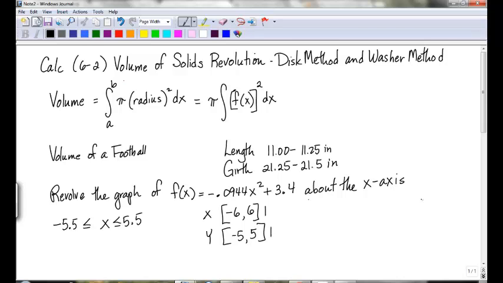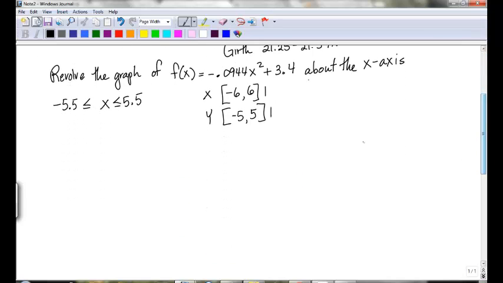Clear out any equations and put in negative 0.0944 x squared plus 3.4. Change your window: X min's negative 6 to 6, scale 1, Y min's negative 5 to 5, scale 1. Draw a sketch of that on your paper. You should see something like this.